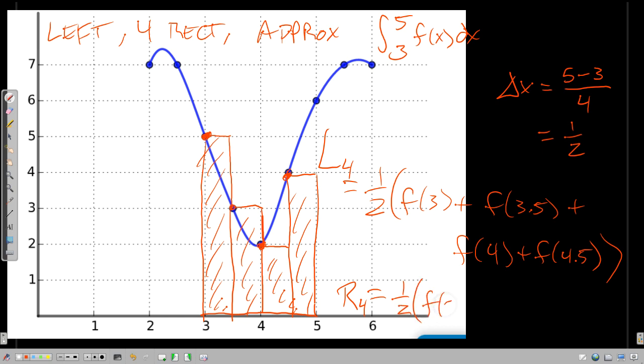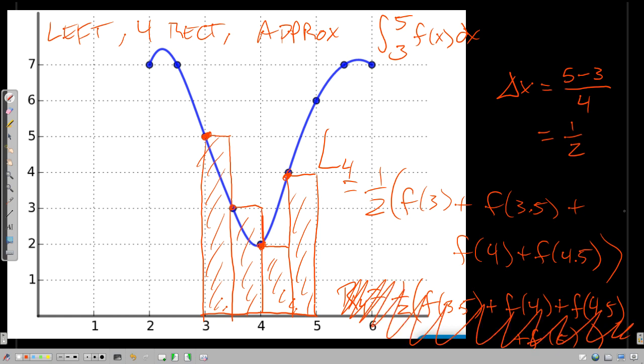It would start with f of 3.5 plus f of 4 plus f of 4.5, and then you get plus f of 5 to get that 4th rectangle. That would be the right Riemann sum. But here we're not doing this one, it's just the left Riemann sum.